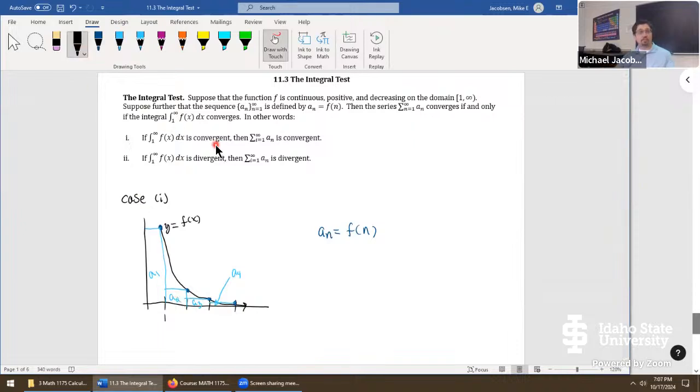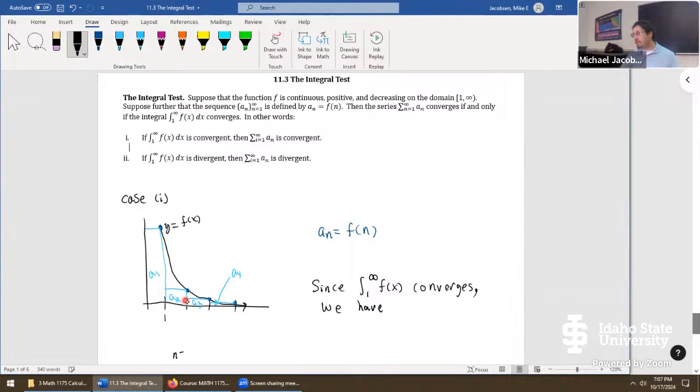And now, because this converges, here's our next statement. Since the definite integral from 1 to infinity of f of x converges, we have this interesting inequality. Now, it's kind of strange, but we're going to start it at A2 just to get the right statement out.